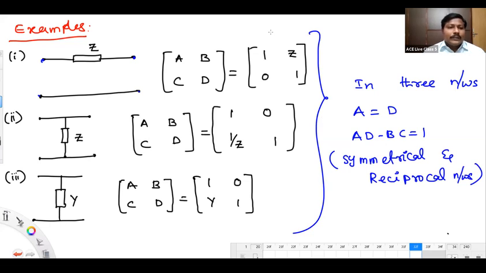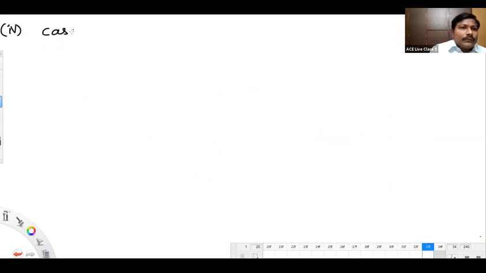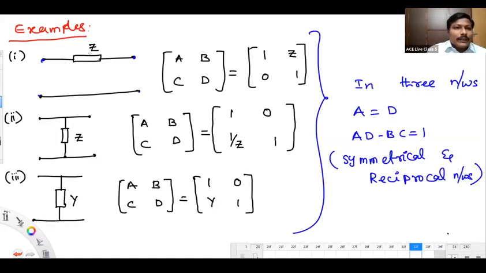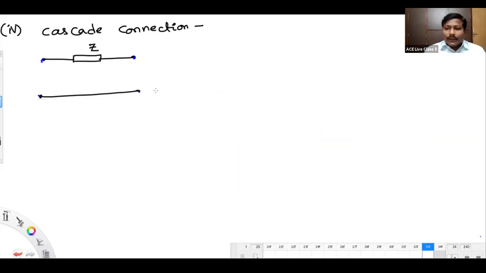Next, I am taking the fourth example as a cascade connection. Just look here. In this cascade connection, I take the series impedance first as network 1.